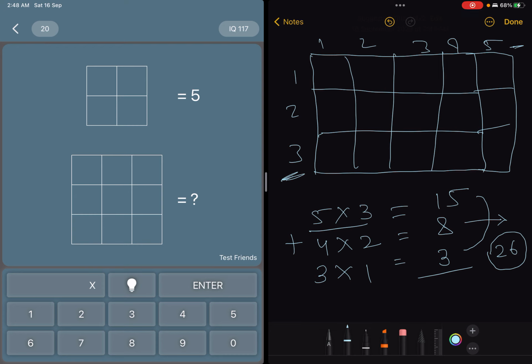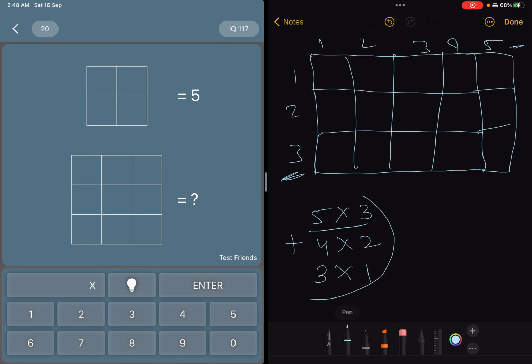I hope you have got it. Just to make sure that you are clear about how I calculated this, we have to pick these two numbers first, which were 5 into 3, right? You should be very clear that we have to sum all the products, but how to calculate these numbers?